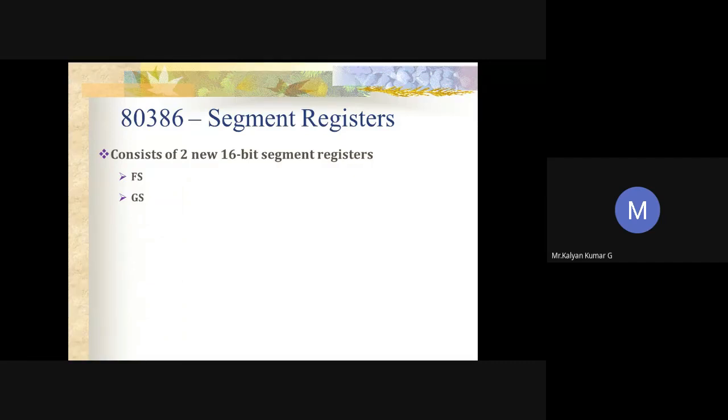Already we have 4: CS, DS, ES, SS, and in addition to that, we also have FS and GS. These FS and GS registers are additional extra segment registers, which allow access to 6 different segments in memory without reloading the segment registers. For those, we can use FS and GS similar to ES.